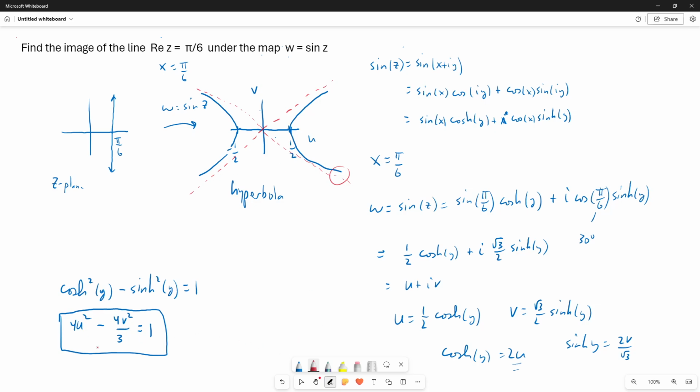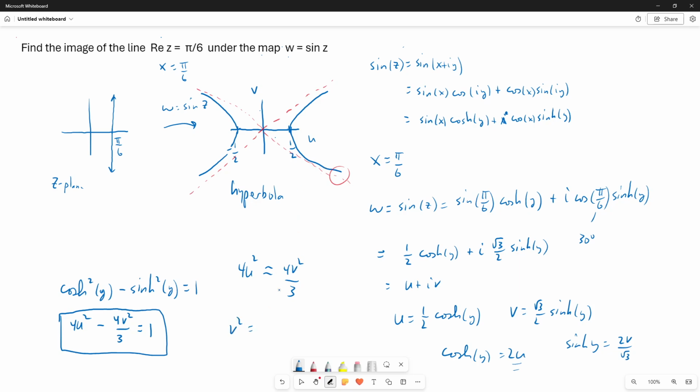We could do that right from the equation here. If u and v are very large numbers, then u squared and v squared are also very large. And even though this difference is 1, if we're talking about very large numbers, then we would say that 4u squared is approximately the same as 4v squared over 3.